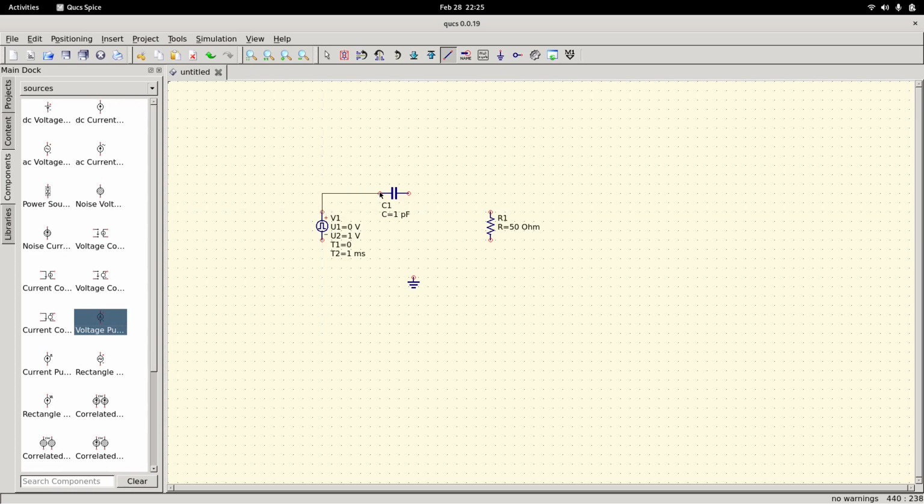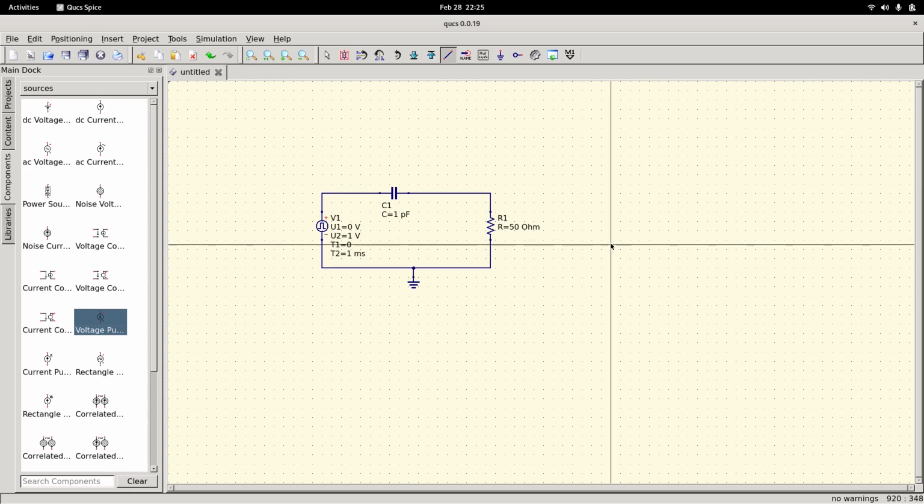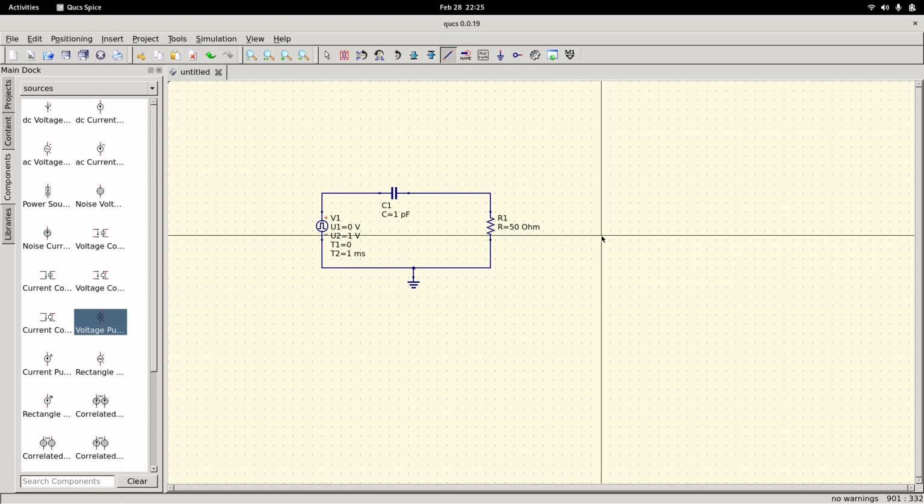Click and click here. Now the wiring is complete. Press escape.